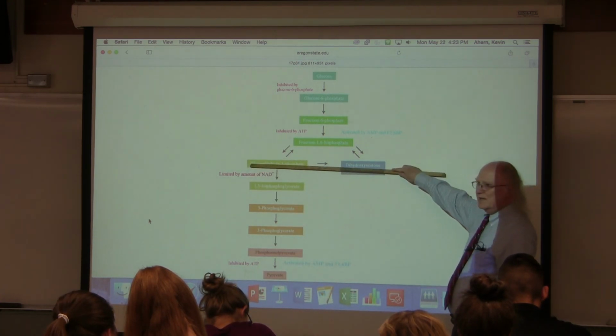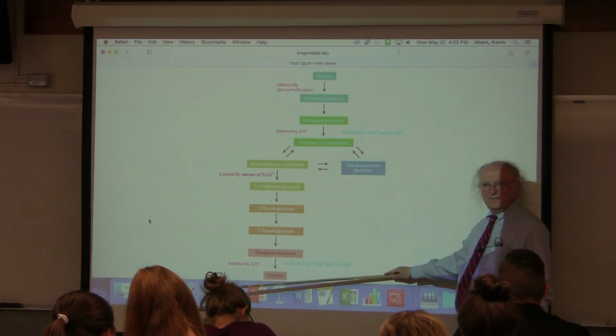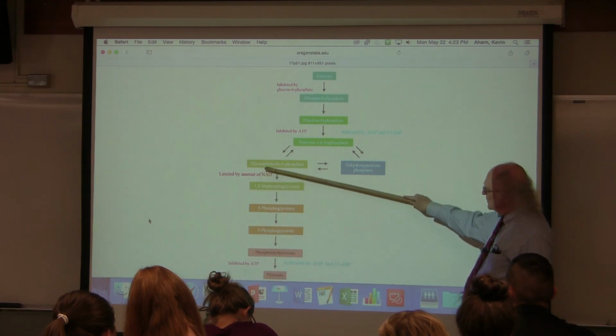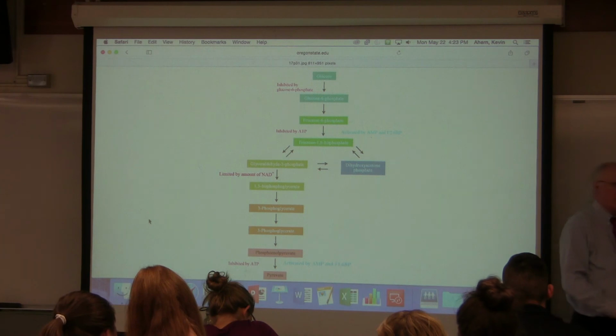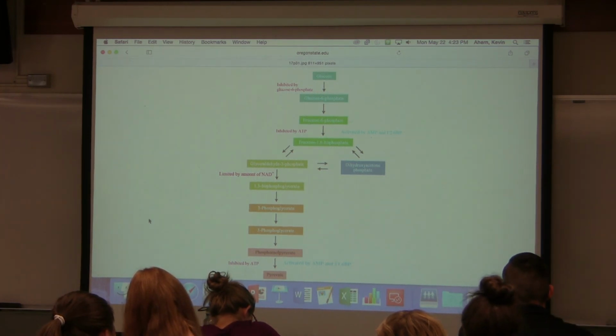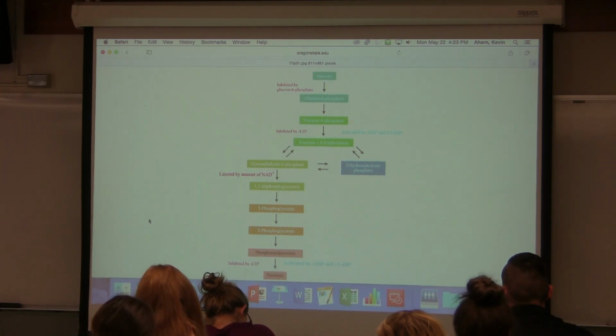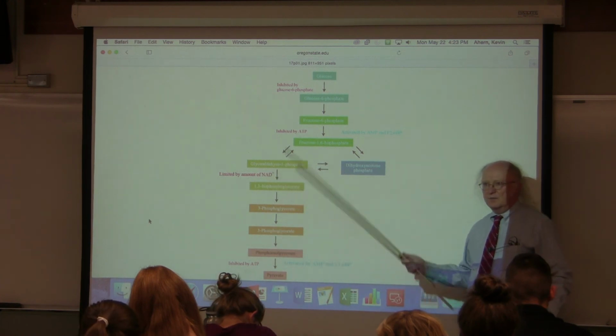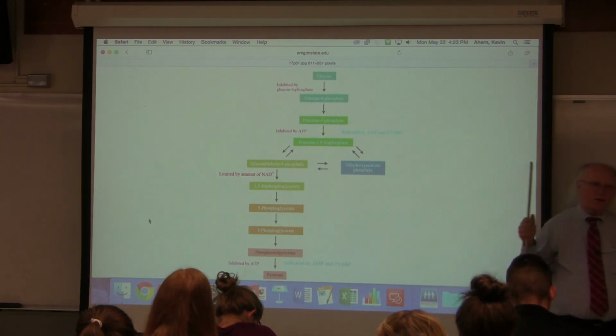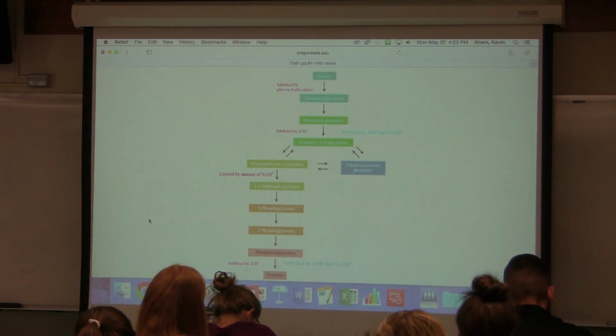Pulling means you start decreasing the amount of product. And here's the product. So through the combination of pushing and pulling, the aldolase reaction becomes very favorable. It's a cool trick that the cell is going through to make sure that this pathway is running when it needs stuff.